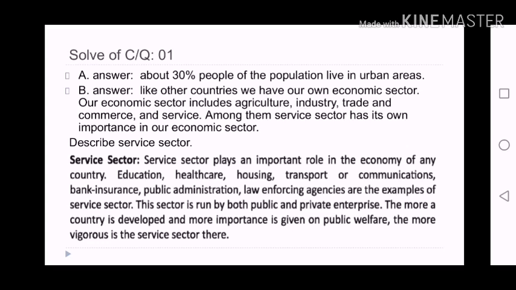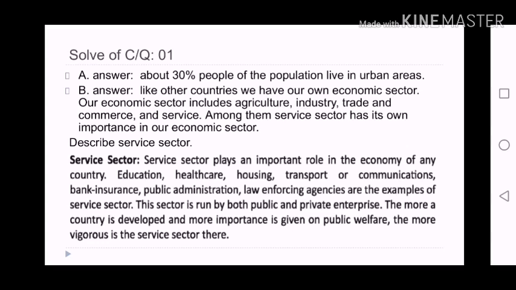So, then you can describe the service sector in a manner that service sector plays an important role in the economy of any country. Education, healthcare, housing, transport or communications, bank, insurance, public administration, law enforcing agencies are the examples of service sector. This sector is run by both public and private enterprise.